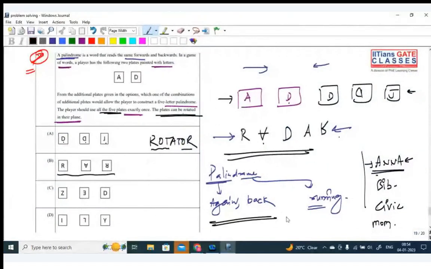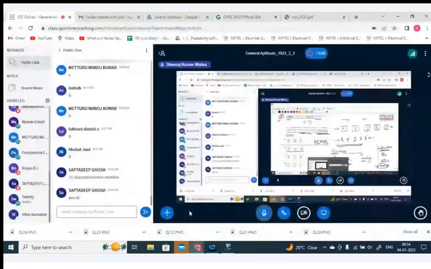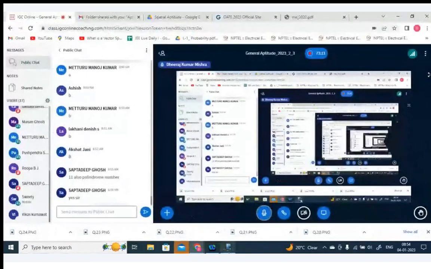We are playing with the words, not with the numbers. Because mom, you see from this side and from that side. So please keep this in mind, right? Thank you. Next.